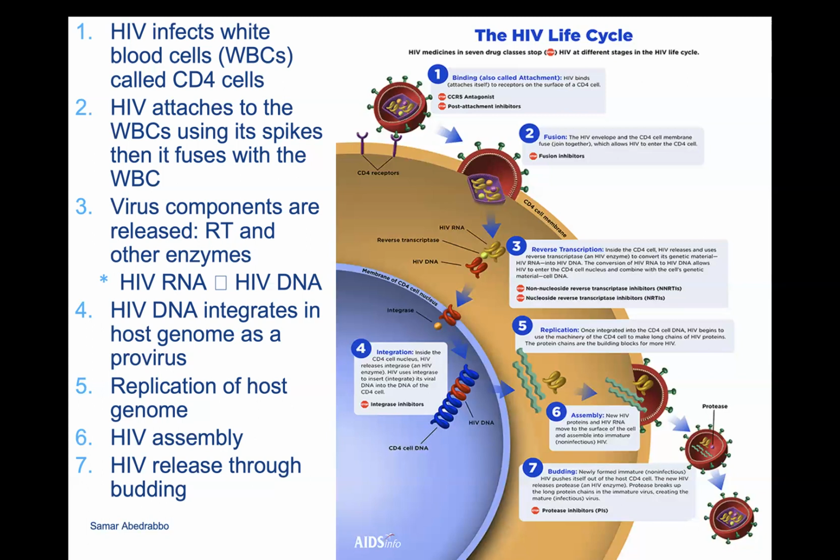That's why you see the white blood cells go down over time. So HIV over time will deplete our body's white blood cells, weakening the immune system and leading to AIDS, acquired immunodeficiency syndrome. And this unfortunately leads to the body not being able to fight off infection and disease.